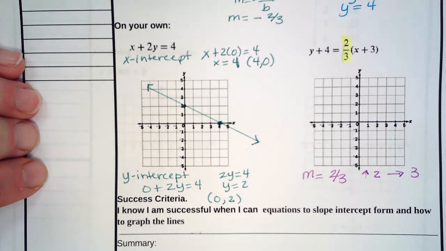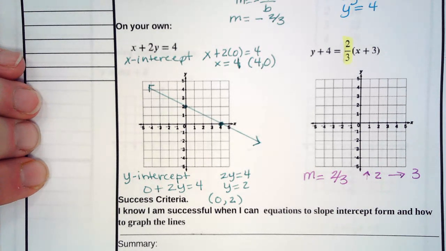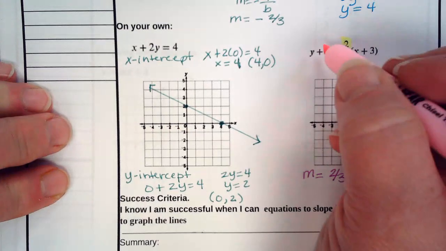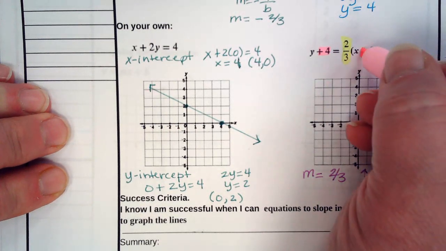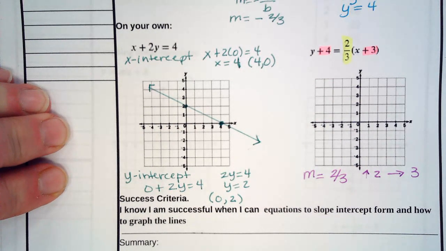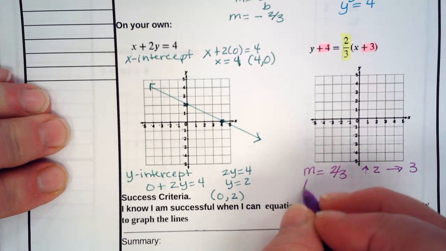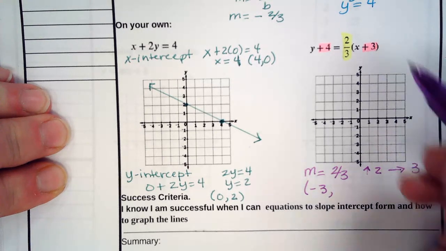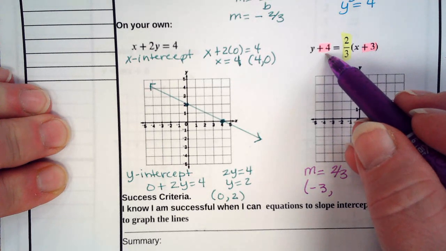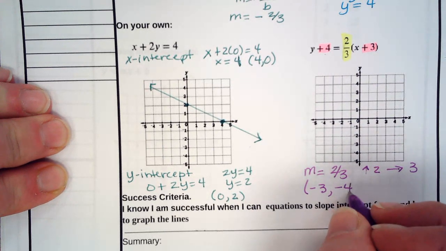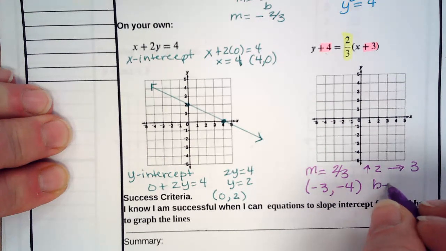Okay, so let's look at our point that we start at. Remember, in this case, we look at the opposites. What is the opposite of positive 3? Negative 3. What is the opposite of positive 4? Negative 4. This is where I begin.